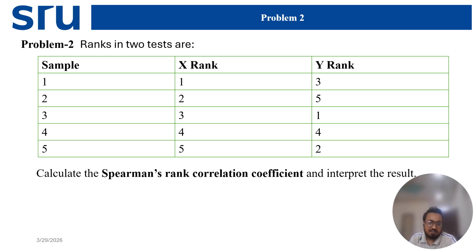Here the ranks in two tests are given. The X rank and Y rank for the two tests are given for the sample 1, 2, 3, 4, 5. Here we will find the Spearman rank correlation coefficient, then we will interpret the result.